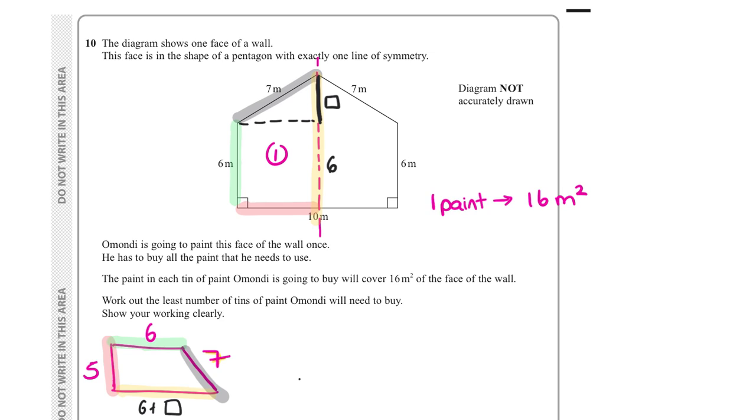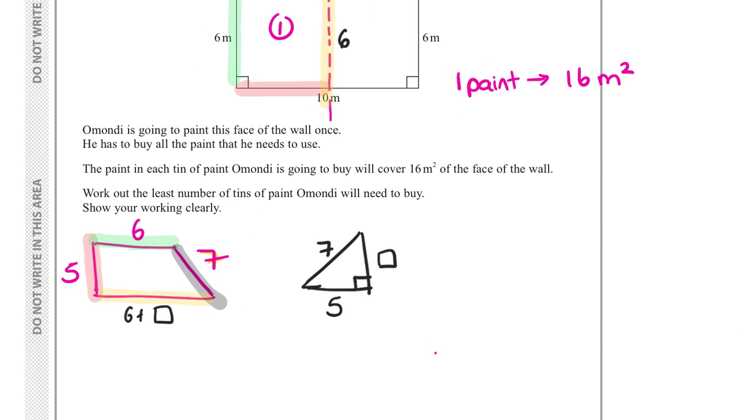What do I have? What is this shape? It's a right angle triangle. I have 7. I know that this is half, which is 5, and I want to find this. So I need to use Pythagoras.